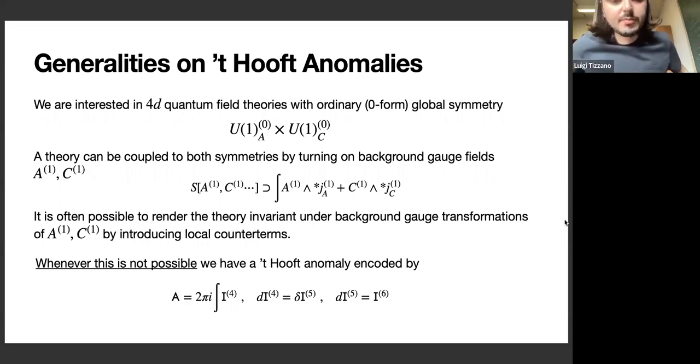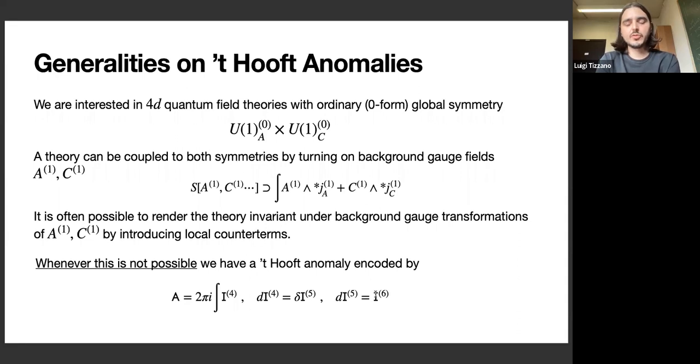However, there are cases in which this is not possible. And in those cases, I will be saying that we have a 't Hooft anomaly that is encoded by the following functional. One is called I_6, commonly referred to as the anomaly polynomial. It is a 6-form in this case.